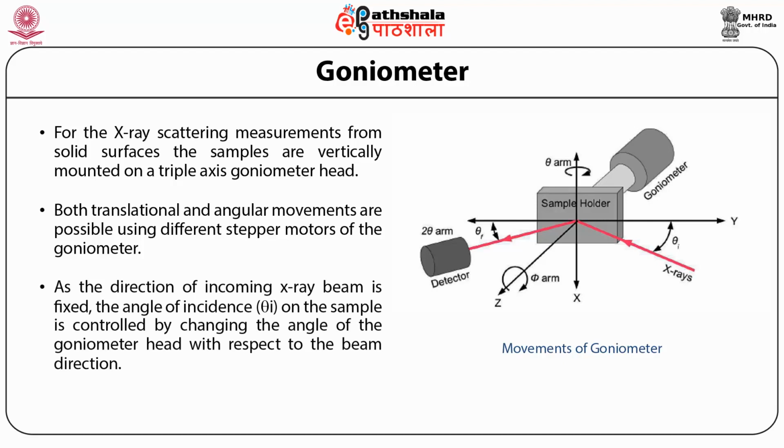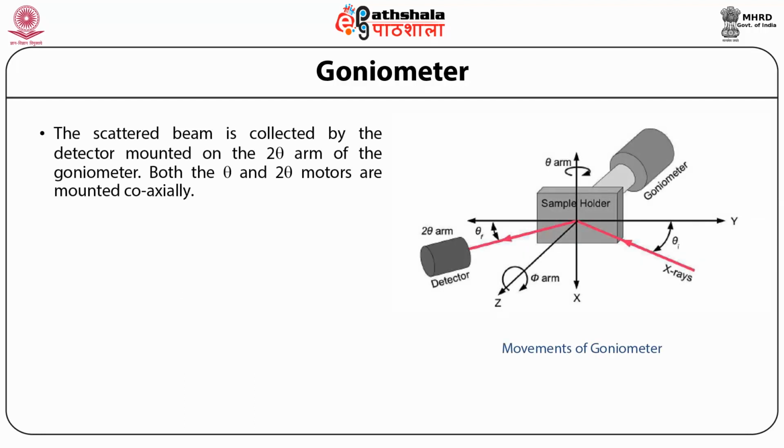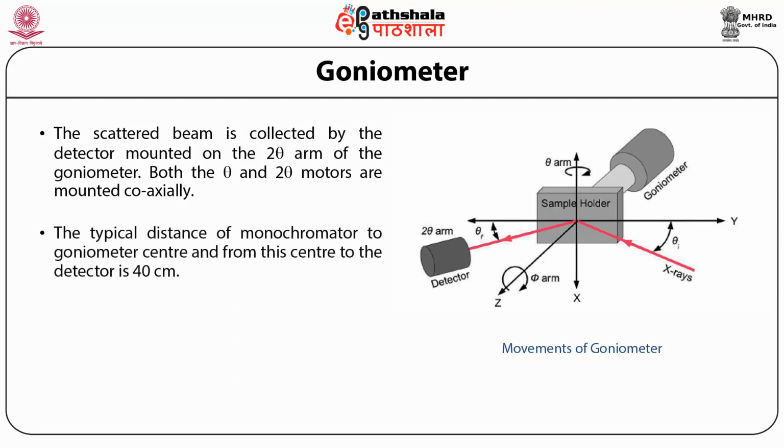As the direction of the incoming X-ray beam is fixed, the angle of incidence theta I on the sample is controlled by changing the angle of the goniometer head with respect to the beam direction. The scattered beam is collected by the detector mounted on the 2 theta arm of the goniometer. Both the theta and 2 theta motors are mounted coaxially.